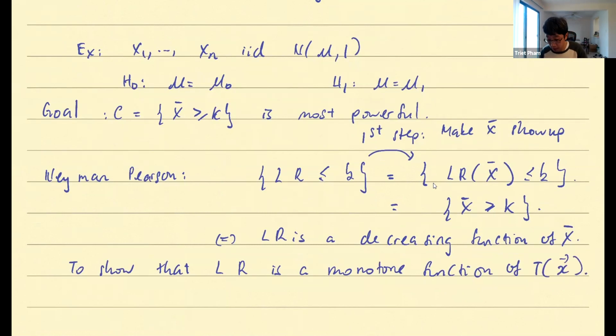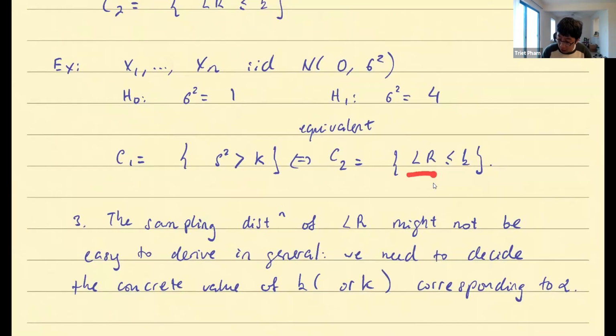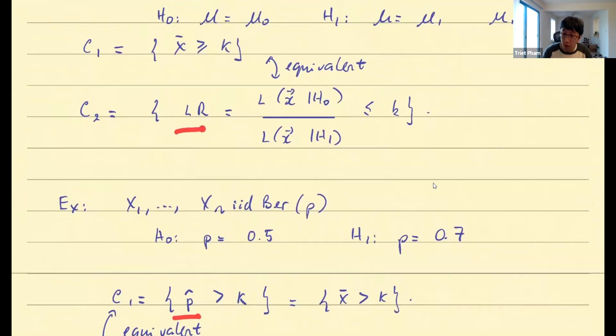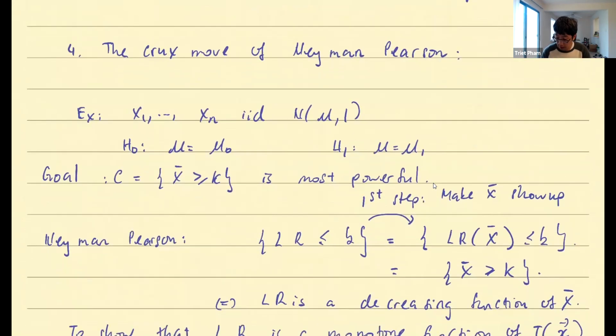whatever that is. For example, the crux move here is to show that LR is a monotone function of S squared. LR is a monotone function of P hat. LR is a monotone function of X bar. Now, why do I say monotone and I don't say anything else?